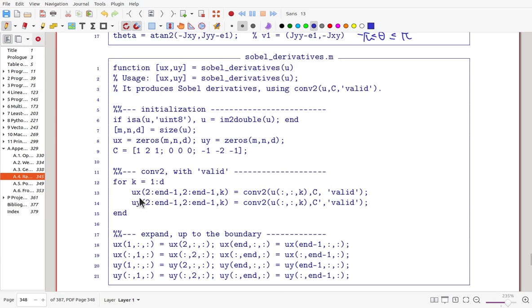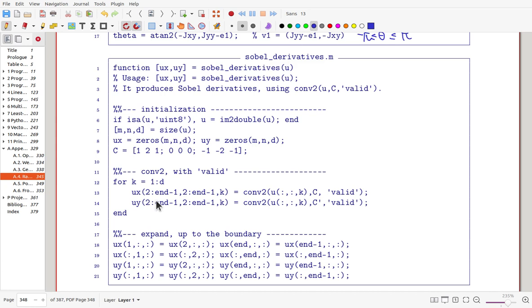We say in this case that one x derivative, and by using the valid option in the function conv2, we try to get a smaller size of the output, and it is saved for only interior points.